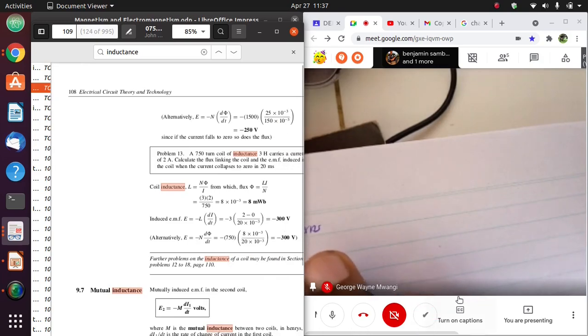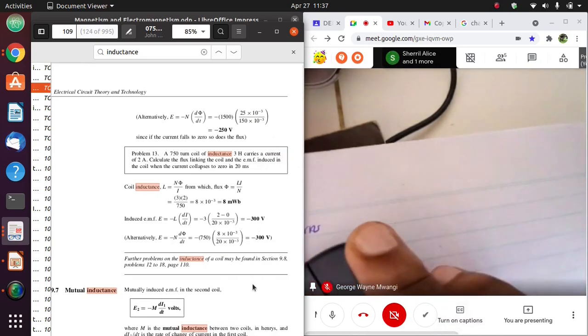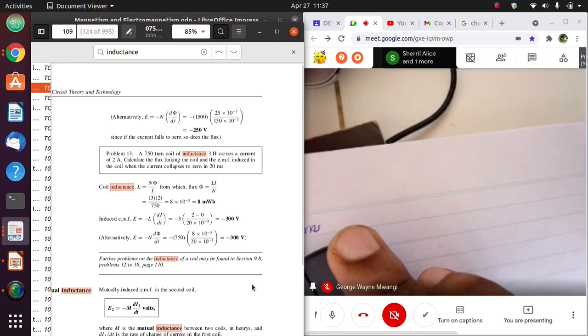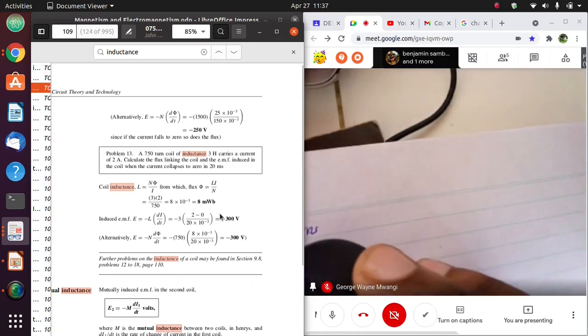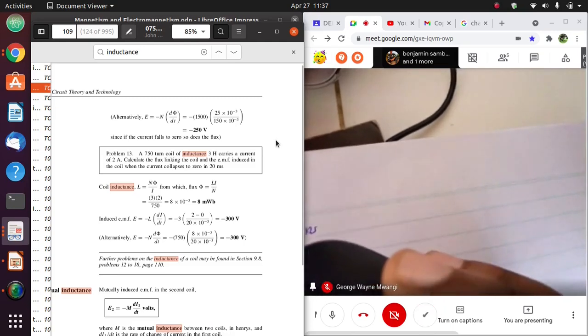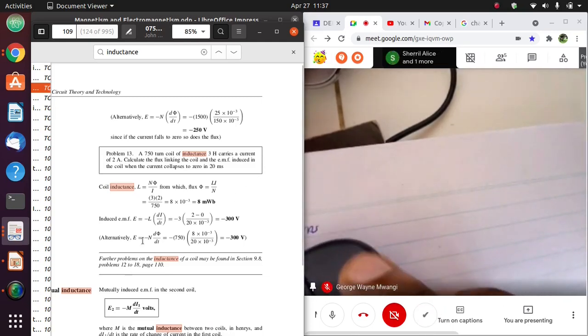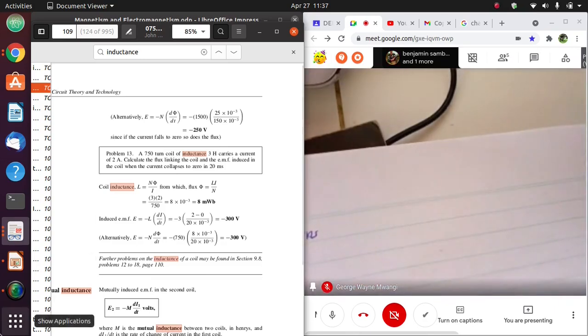What will be the value of the inductance? Umepata answer ni ngapi? Calculate the flux linkage. What will be the value of the flux?